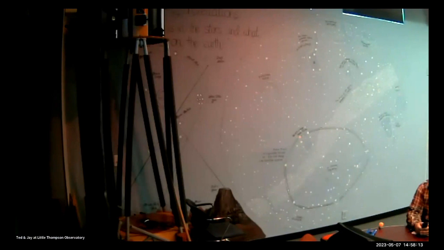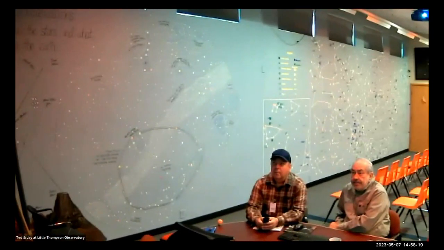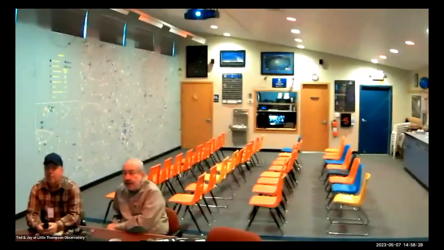That peak was officially renamed about 4 years ago, Black Elk Peak, in honor of one of the tribal chiefs from that period. The official renaming of that peak was done in this observatory on this star wall.